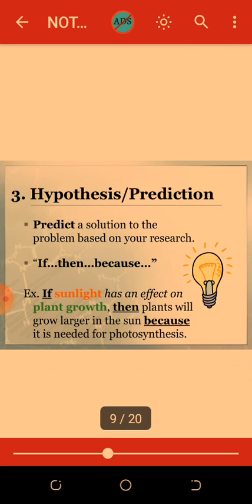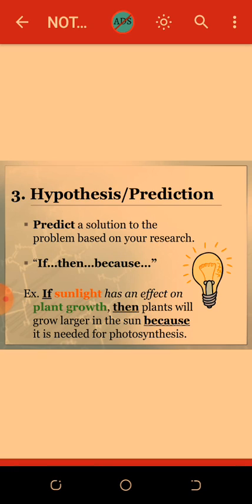Another example, if plasmodium is the cause of malaria, then all malarial patients must have plasmodium in their bloodstream, in their blood content. So if we compare hypothesis and deduction, a hypothesis is a suggestion about the problem, while deduction is putting forward a condition, and we use if and then.